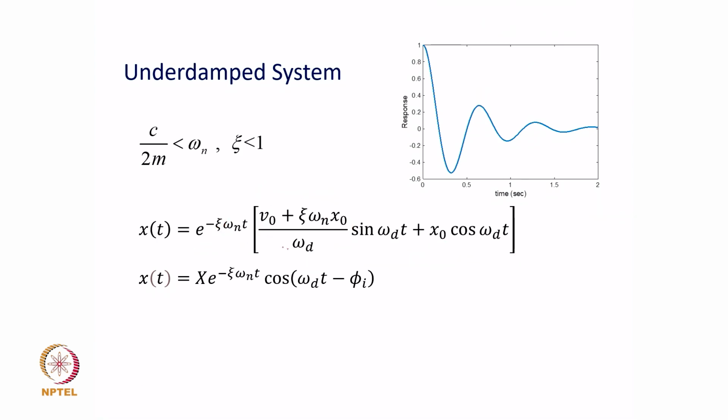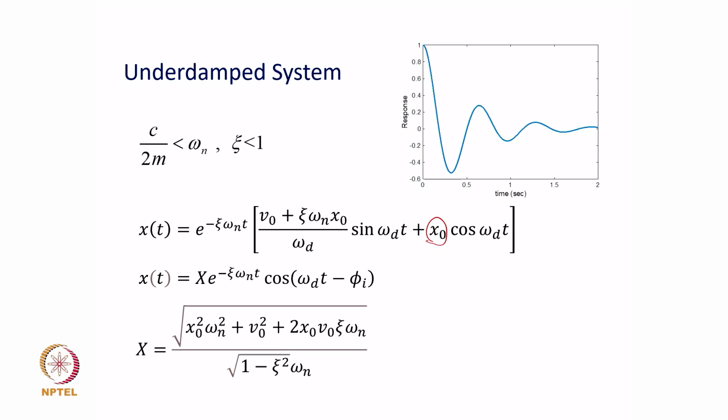So, these two quantities can be clubbed, and then instead what you have is capital X e to the power minus zeta omega n t cos omega d t minus phi I, and we know that this phi I is the initial phase lag, the expression for which is given here. Getting this expression is straightforward. The expression for capital X is given by this. Again, you can see that it is dependent on the initial conditions, and the typical response would look like this.